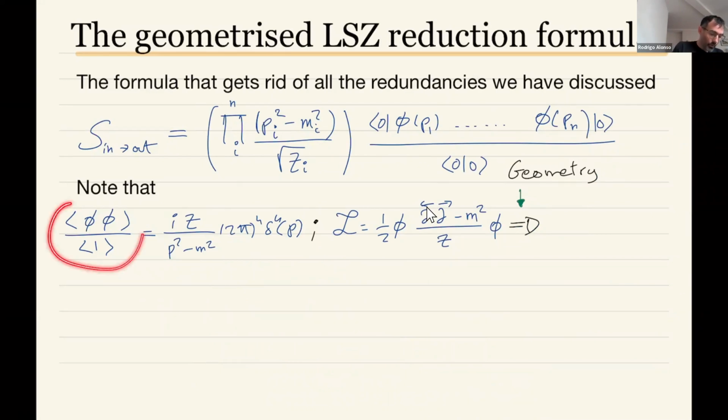The two-point correlator is proportional in this normalization to that factor of Z in the numerator. That's the way you can define it if you like. And that would come, if you look at it, from Z over p squared minus m squared.